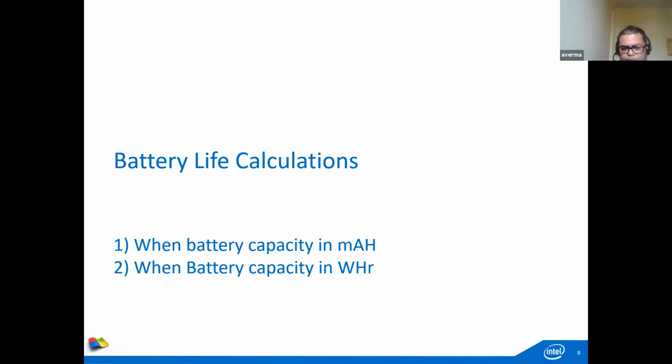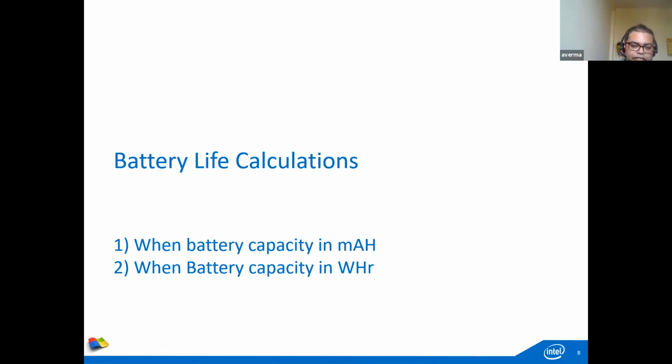So just to briefly touch upon that, if you see the specification is in milliampere hour, let's say if it's a 1000 milliampere hour, what does that mean? So what does that mean is that if you consume 1000 milliampere current consistently, your battery will be over in an hour.